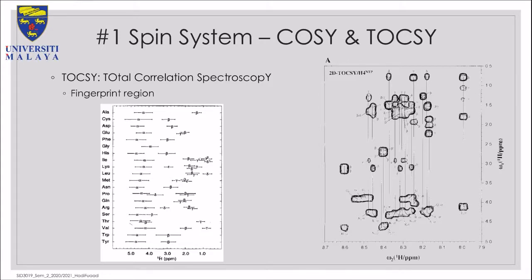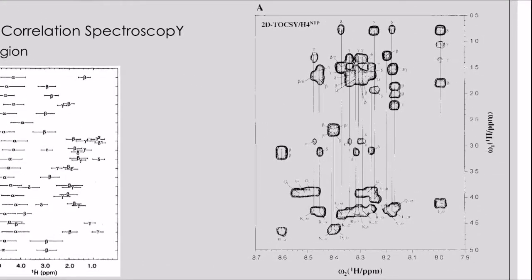For example, if you look at this TOCSY, this is how the spectra will look in real practice. It's kind of like a 3D contour. The image is a bit bad, but it's actually like a 3D contour. If you look at maps, normally you'll see it like this. As you go to the middle, you have more bands, and if you look at it from the side, it looks like that.